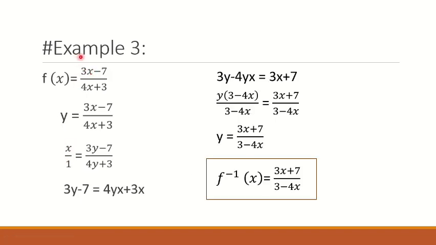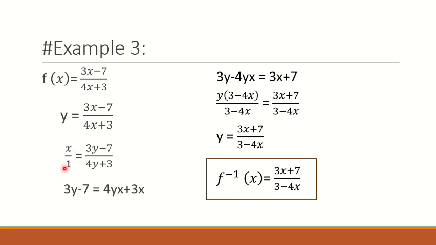So example number 3. f of x equals (3x minus 7) over (4x plus 3). The first step that you should do is replace f of x by y. So y equals (3x minus 7) over (4x plus 3).